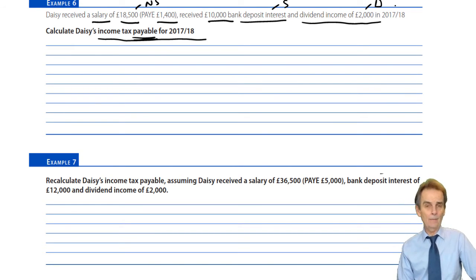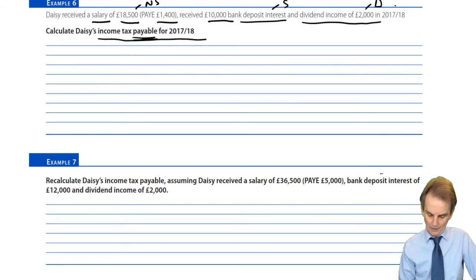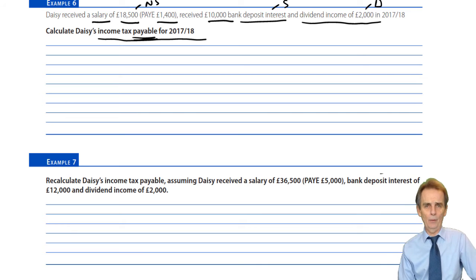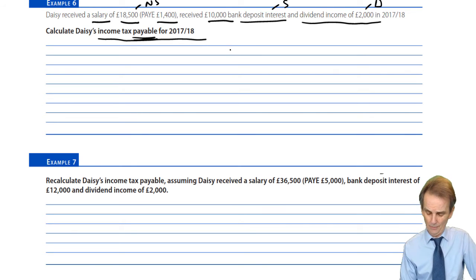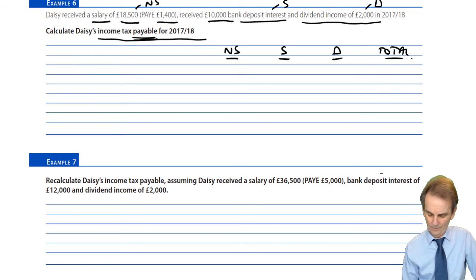So you'll need rather more room than I seem to have available here, but you'll now need an income tax pro forma that has all 4 columns on. We have got non-savings, we have got savings, we have got dividend, and of course, as ever, we have our total column. We've got our salary, our employment income, 18,500.